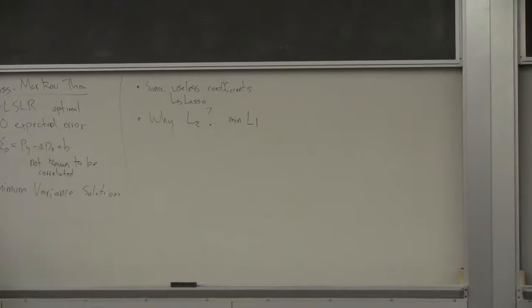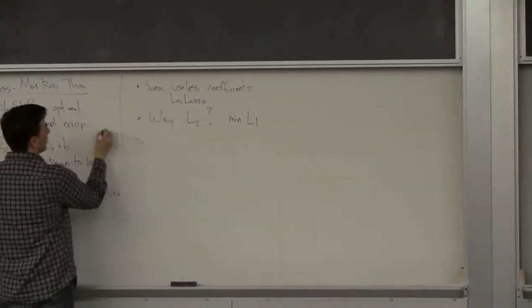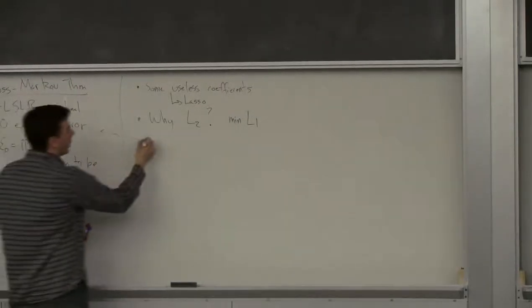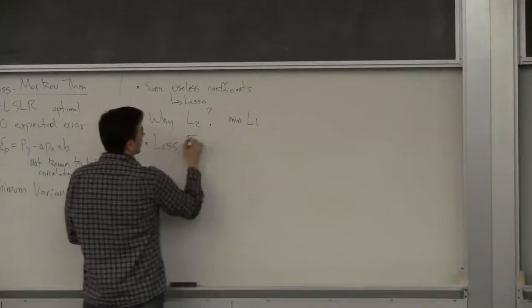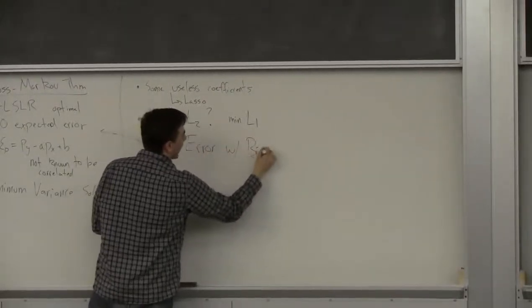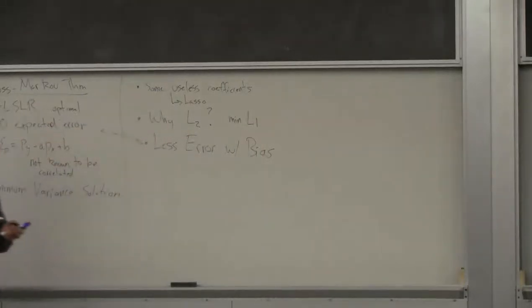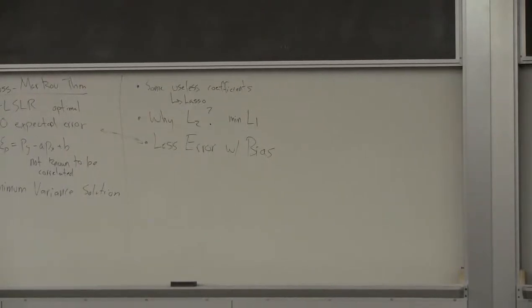Okay, so there's something else here. There's 0 expected error. Can we have less error if we add in some bias? This is an unbiased solution, but our goal was to minimize this error, and we restricted it to 0 expected error.